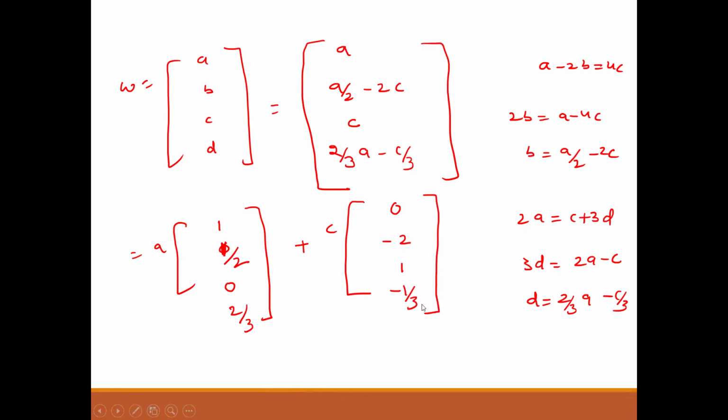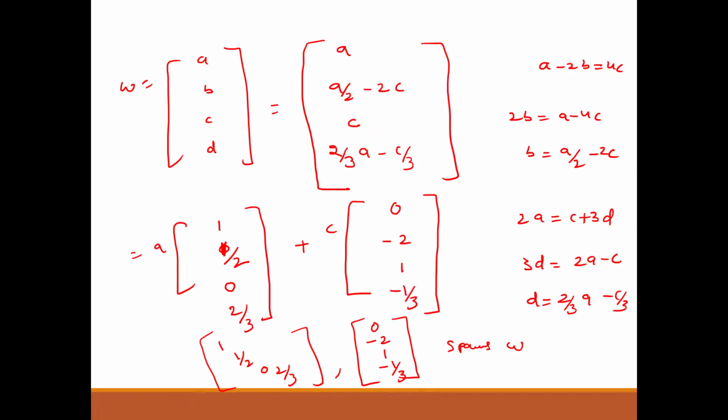So what is the spanning set of W? 1, 1 by 2, 0, 2 by 3, comma, 0, minus 2, 1, minus 1 by 3. These two vectors span W.